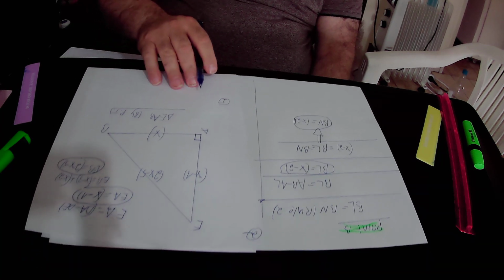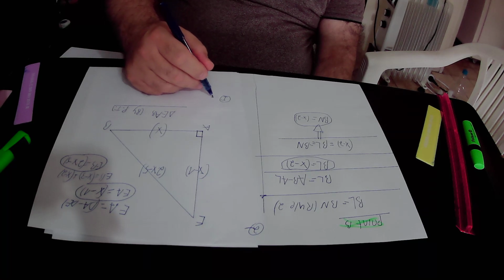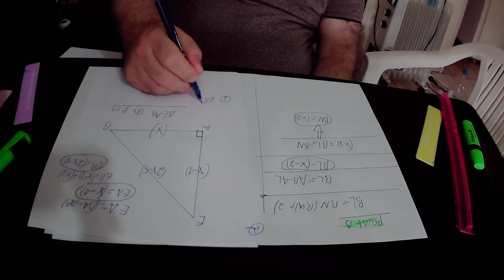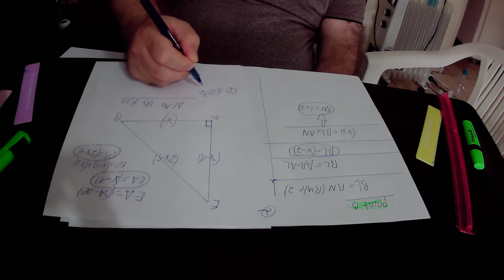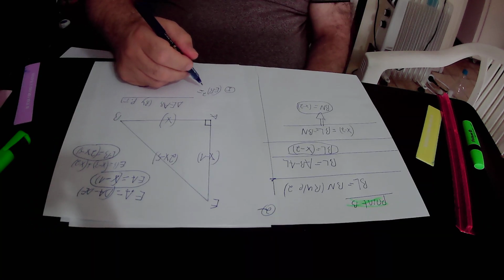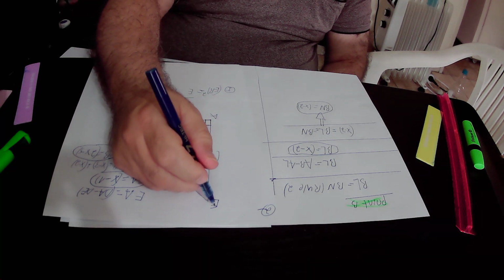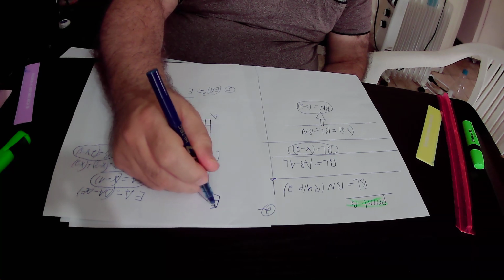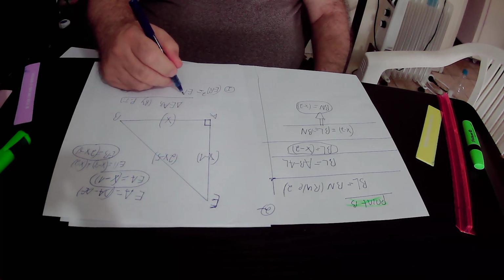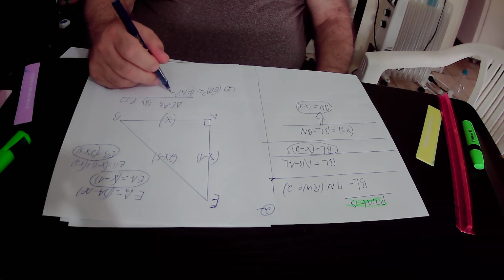The hypotenuse is EB, and therefore the square of the hypotenuse is EB squared. And it must be equal to the sum of the squares of the perpendiculars, that is to say, it must be equal to EA squared plus AB squared.